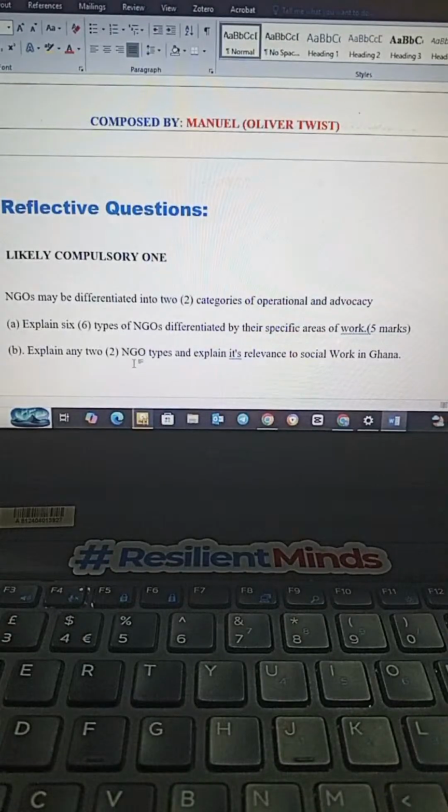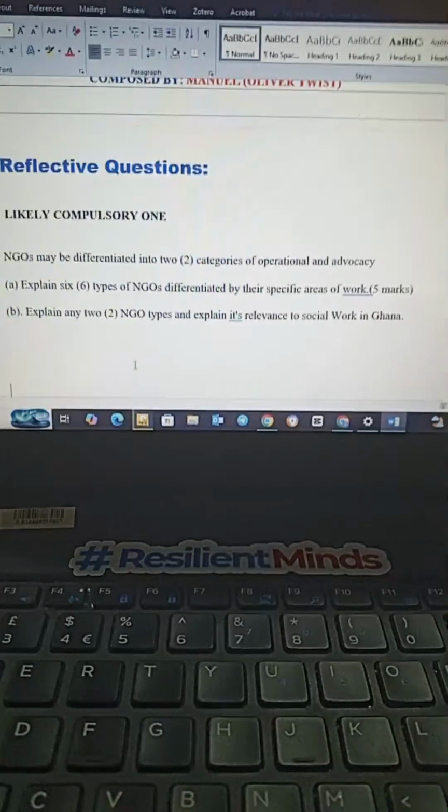So that is how we approach question number 1, which is a likely compulsory question. As I said, we might have two compulsory questions, and you are entitled to select one of the two and work it out.